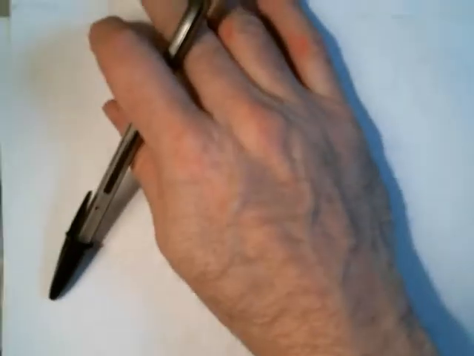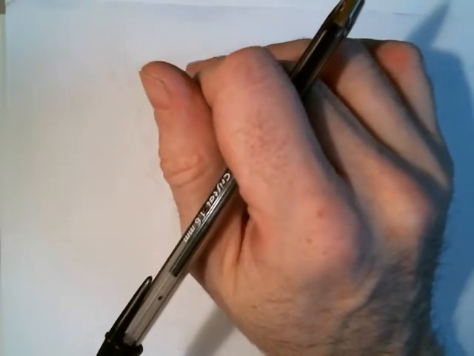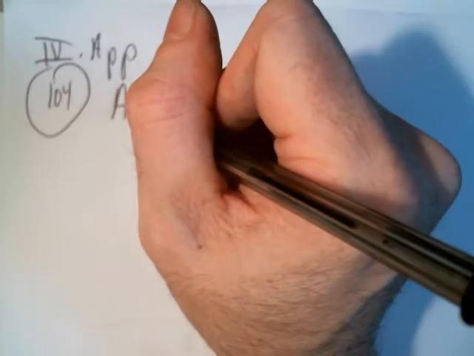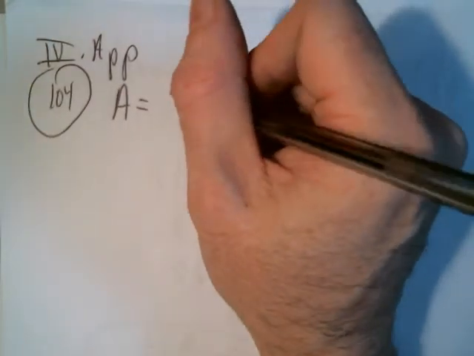Okay, so lastly, let's look at an application. So 104, we have a formula given for the population. I think it's people in millions and the number of years after 2010.